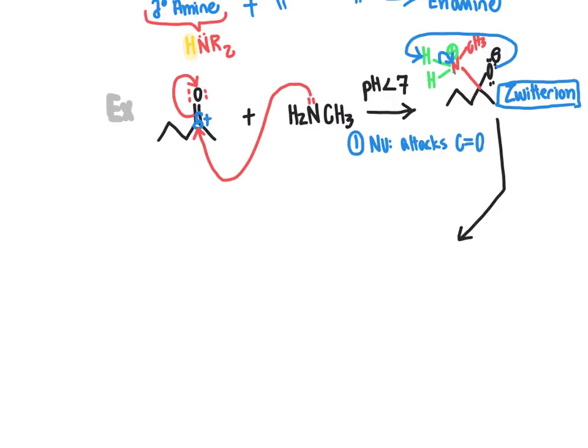So we'll go ahead and draw out the product of this second step of the mechanism where we had the proton transfer taking place. With the outcome of this proton transfer being certain that the molecule is going to be stabilized, because we now have a molecule that has no formal charges on it on any of the atoms.